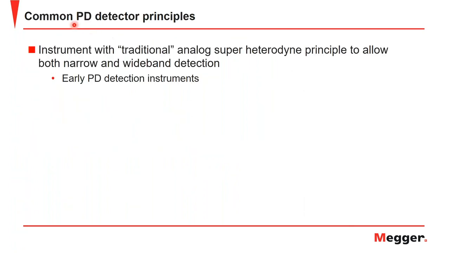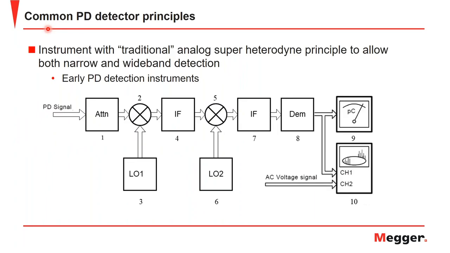Here we have a couple of common partial discharge detector principles, starting with the instrument with the traditional analog superheterodyne principle that allows both narrow and wideband detection.